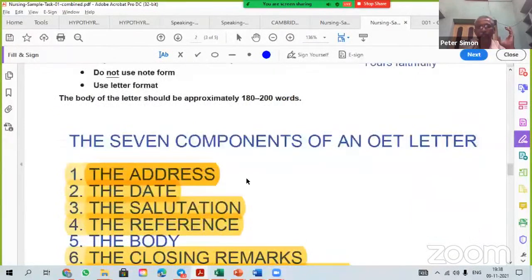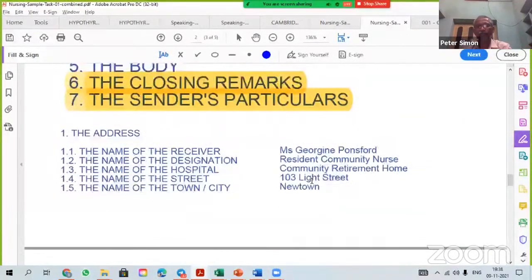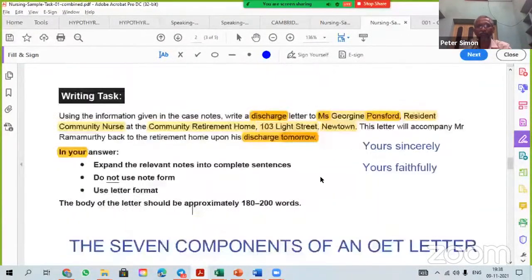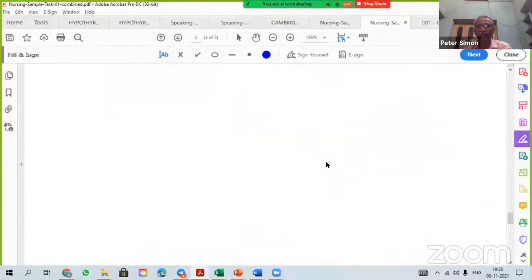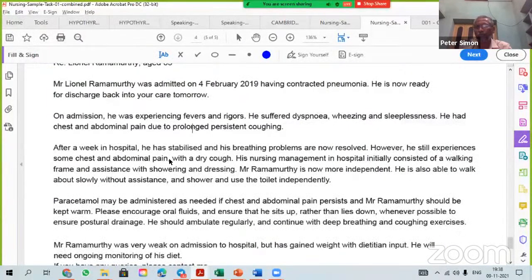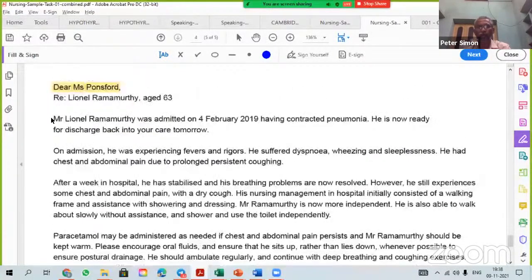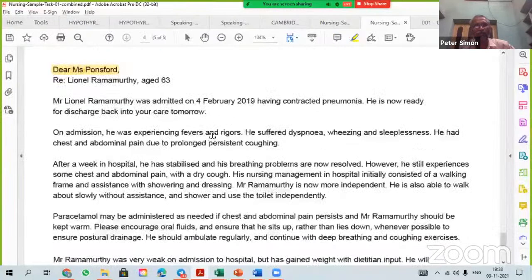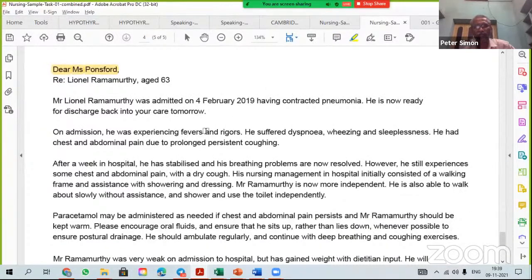So now let us go to the next part of the letter. I'm going to show you these 5 different things regarding Lionel Ramamurthy. Now see here again, here also 5 parts. I'll show you 2 other letters also, how every letter has 5 body parts. So this is the introduction.